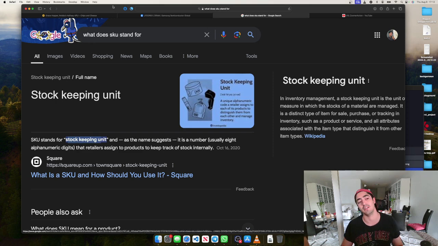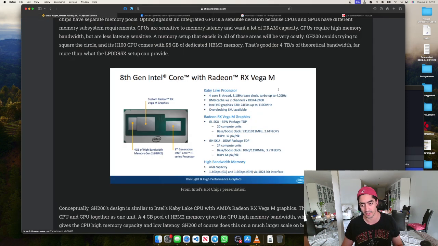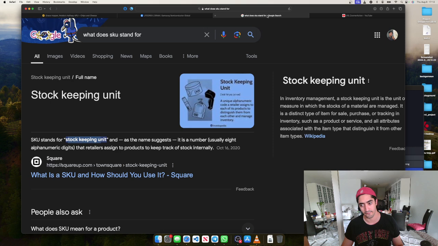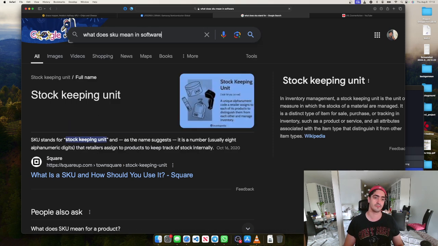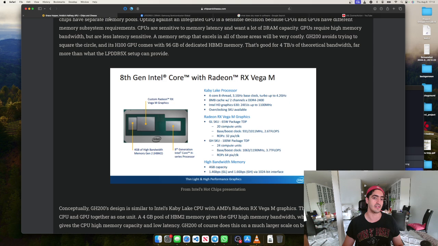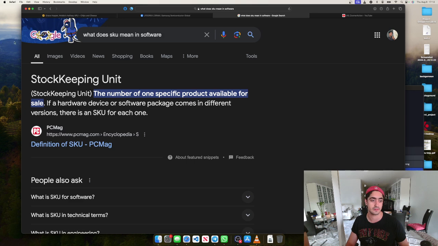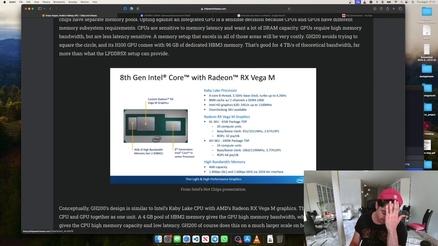Stock keeping unit. Yes, I worked at a retail store. I should have known this. That's SDK, software development kit, right? And SKU, stock keeping unit. Okay.